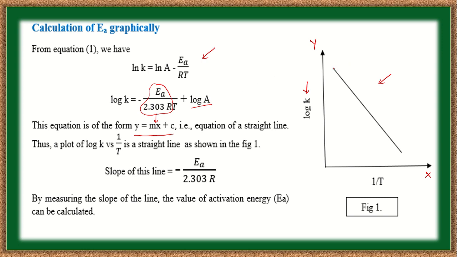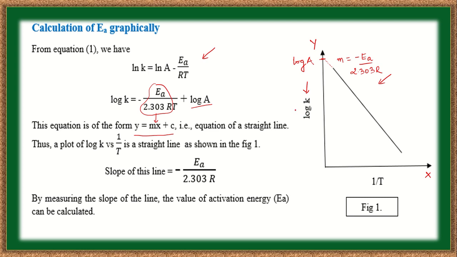So if the graph starts here, extrapolating the graph, this point will be the intercept on y-axis and this will be log A, while the slope of the graph m will be equal to minus EA by 2.303 R.